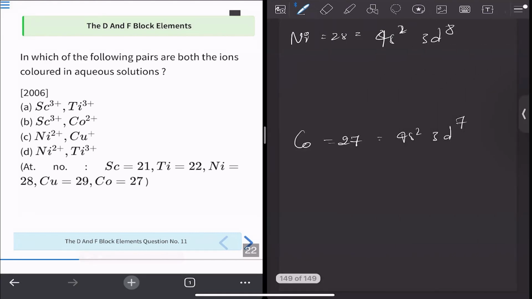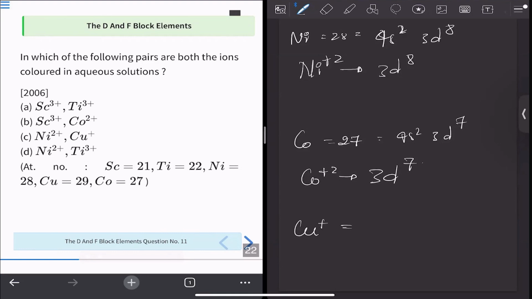In the case of cobalt plus 2, there will be a 3d7 configuration. In the case of nickel plus 2, there will be a 3d8 configuration. In the case of copper plus 1, there will be a 3d10 configuration.